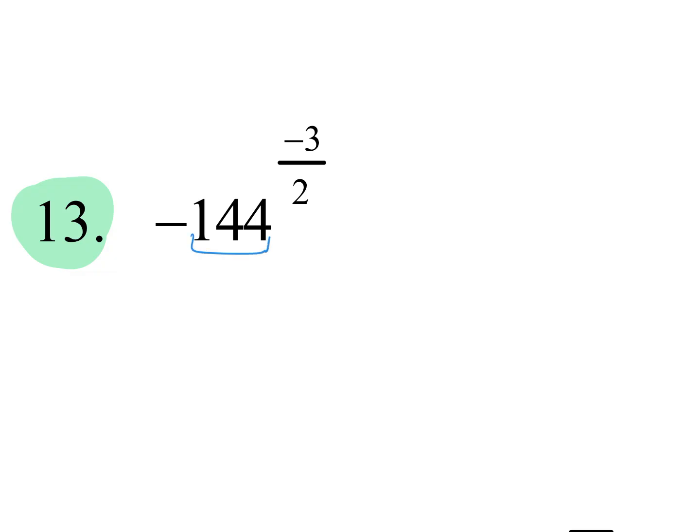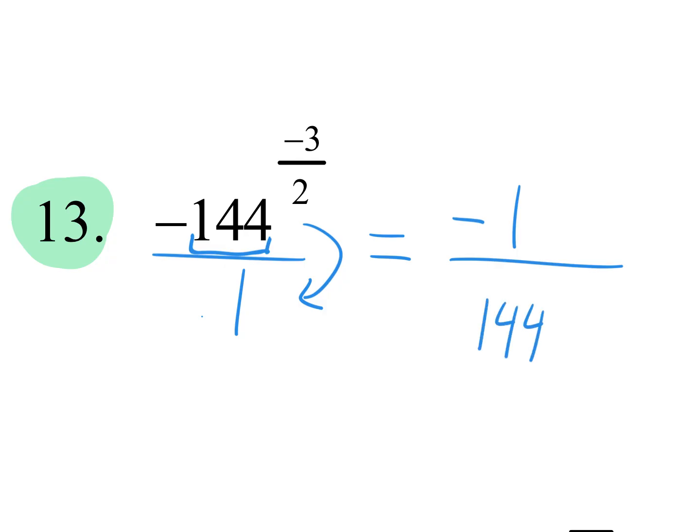So it's just this 144. Okay, yeah, so it's just this 144. That means when I write this over 1, what's moving to the bottom? Just the 144 and the exponent. So the negative is going to stay on top. So it's going to be negative 1 over 144 to the 3/2.